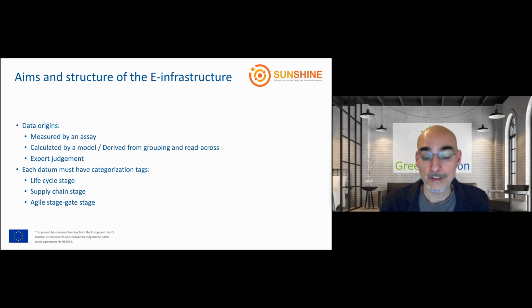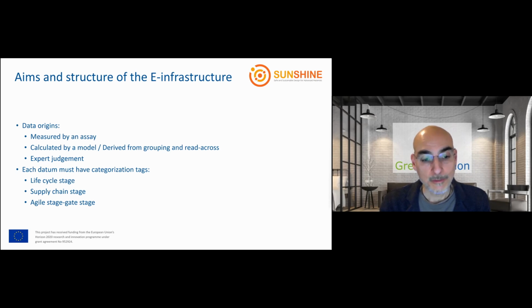Of course, there are some models that are not exactly deriving data, but performing grouping, read-across, and similarity in order to fill in gaps, starting with data already in the database. And of course, because we also have social, economic, and sustainability aspects in general, it is also possible for users to just include their expert judgment in the tool.